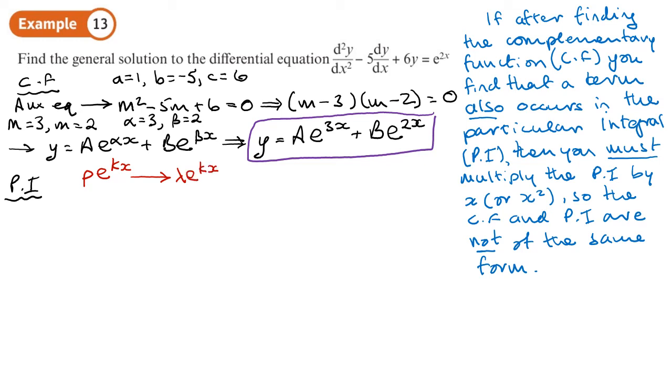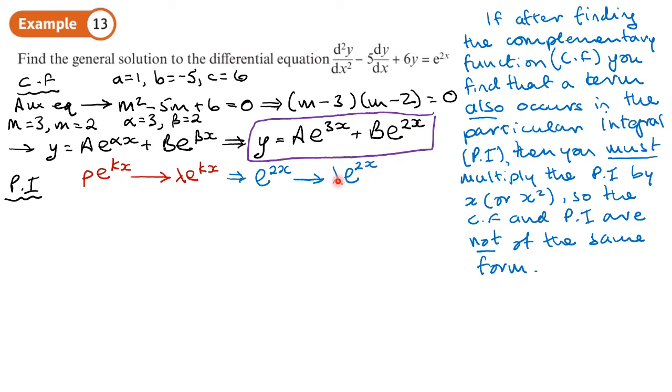So you might be tempted on this question to say, right, okay, I have e to the 2x, so why not let's do lambda e to the 2x. But can you see that something like this already occurs in our answer?